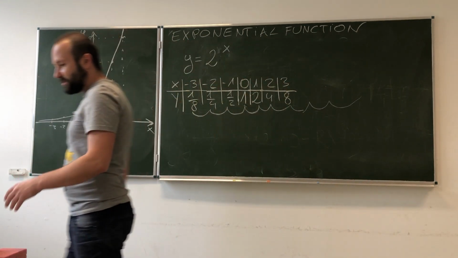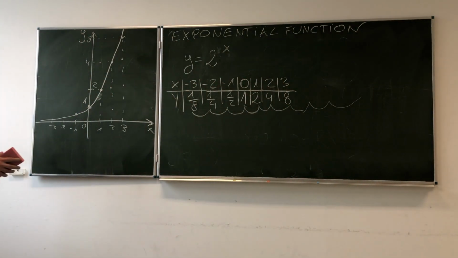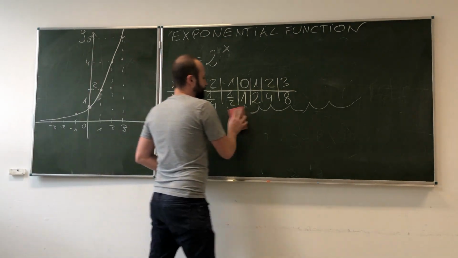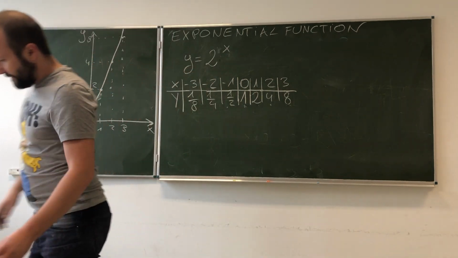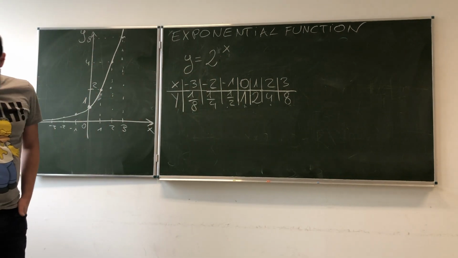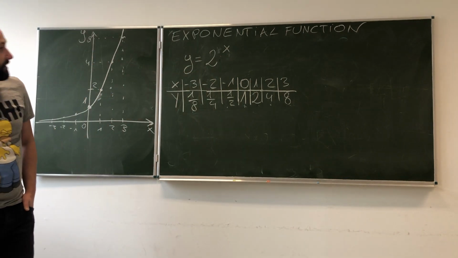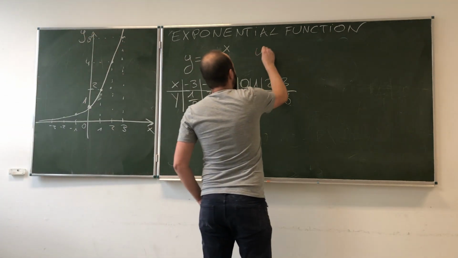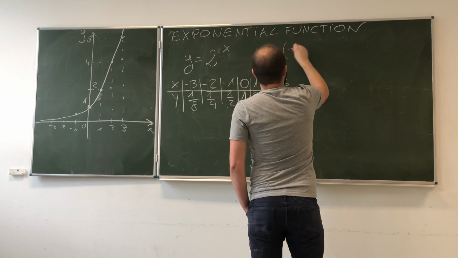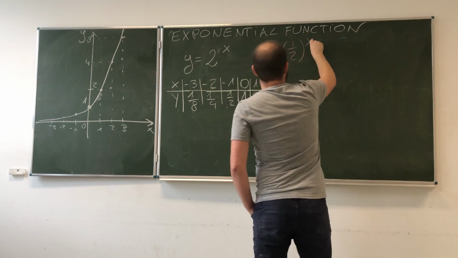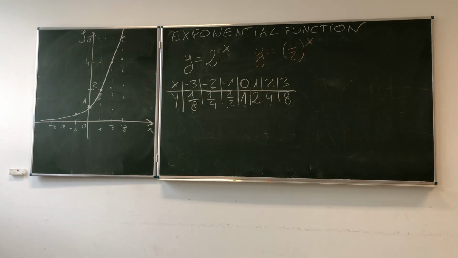Now let's try to do a few manipulations with it, just like we did before. What if the function that I would have to draw right now would be y equals (1/2) to the power of x? There's one thing we should notice about this function.